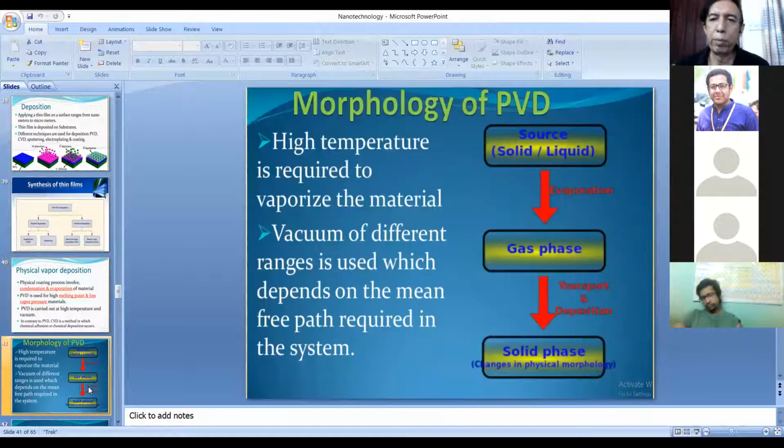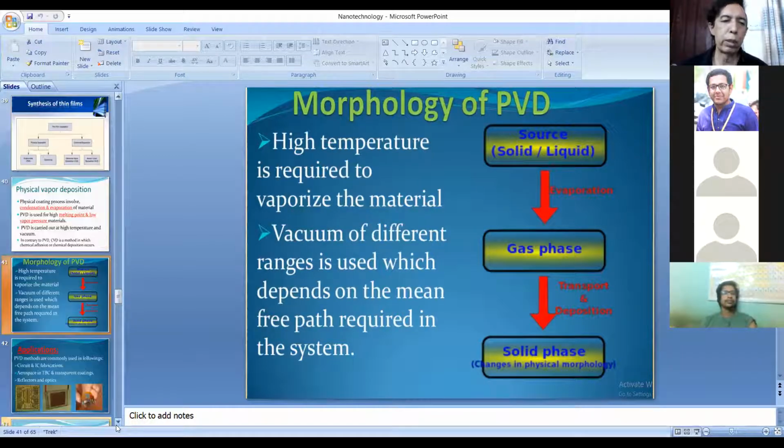Now, the main point is again: high temperature is required to vaporize the material, and vacuum of different ranges is used, which depends on the mean free path required by the system.